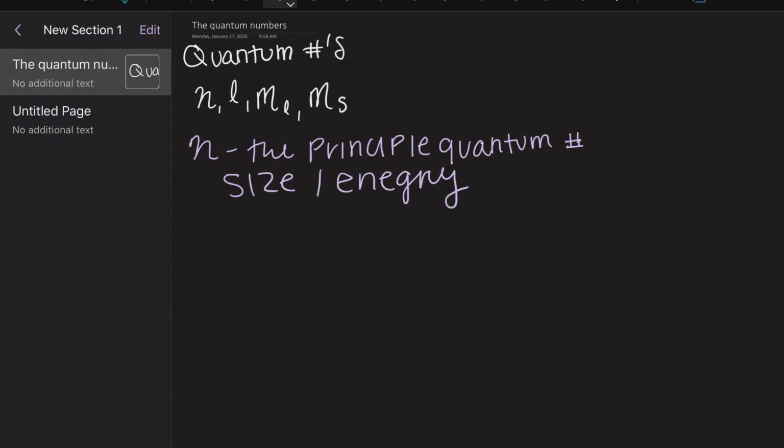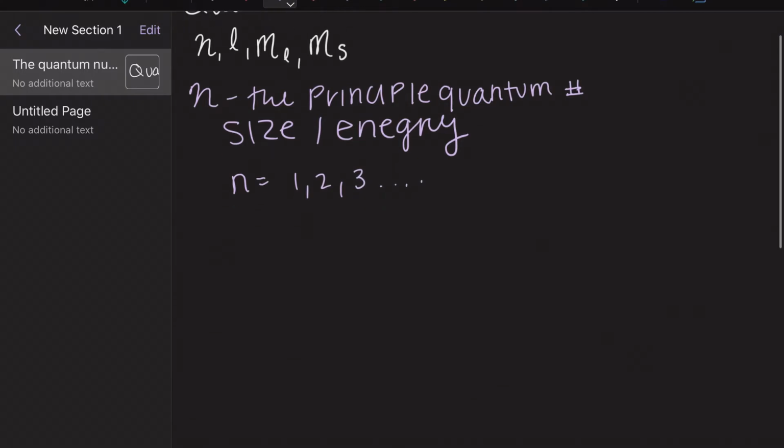And that means that as you go down the periodic table, the n, or size, will get bigger because you're adding more electrons. The numbers that you can use for n are any value greater than 0. So n can be 1 or 2 or 3, etc.